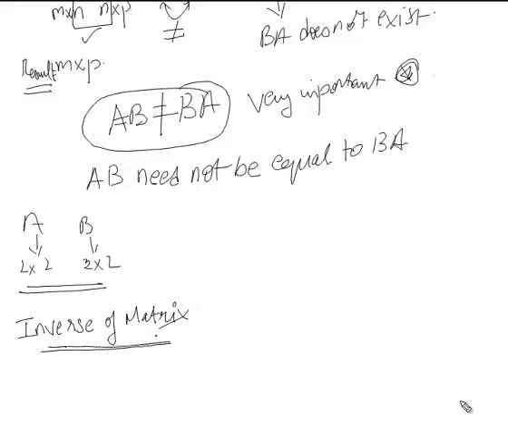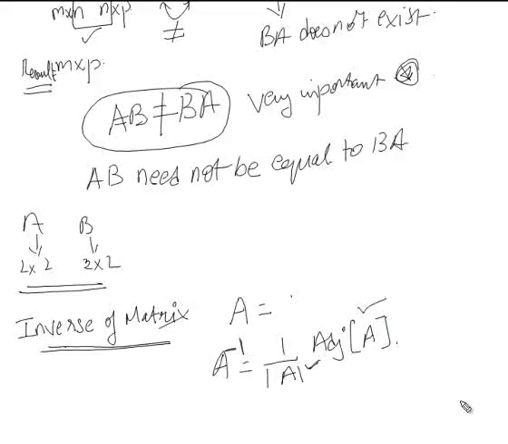If I have a matrix called A, the inverse is defined as A inverse equal to 1 by determinant of A times adjugate of A. This is the definition of A inverse. Now, if I have to find A inverse, I need to understand what each of these means.